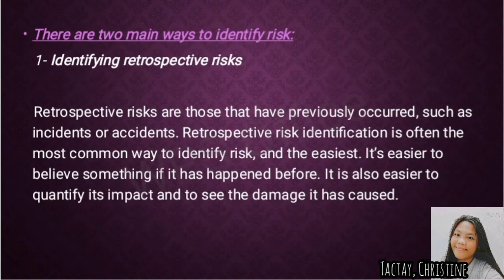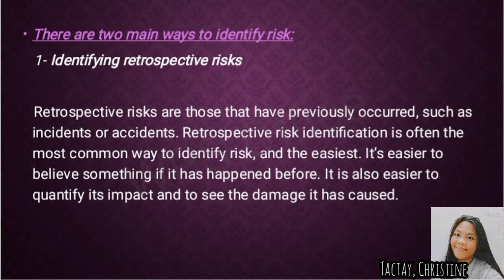There are two main ways to identify a risk. The first is identifying retrospective risks. Retrospective risks are those that have previously occurred, such as incidents or accidents. Retrospective risk identification is often the most common and the easiest way to identify a risk.